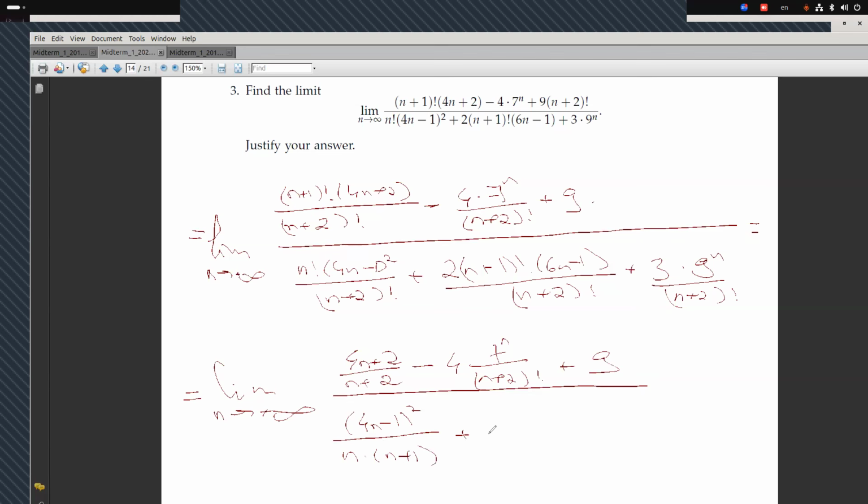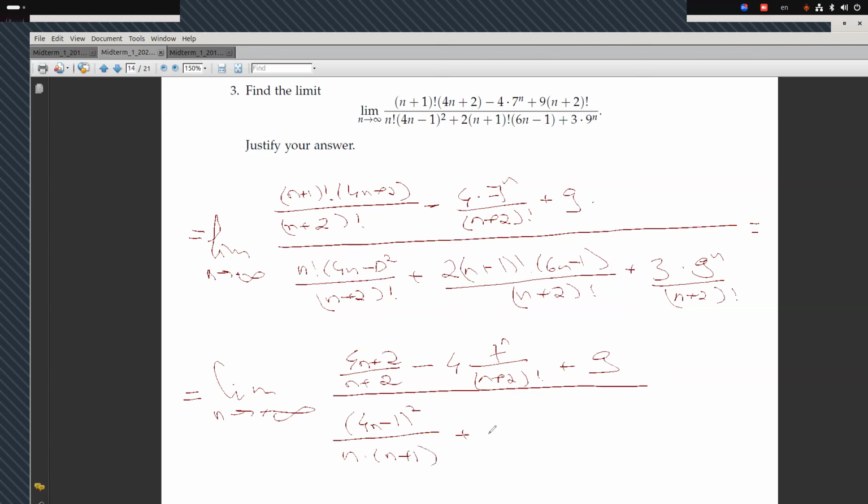Yeah, because (n+1)! times another n gives (n+2)!, or n! here times n² gives again (n+2)!, the order of (n+2)!.